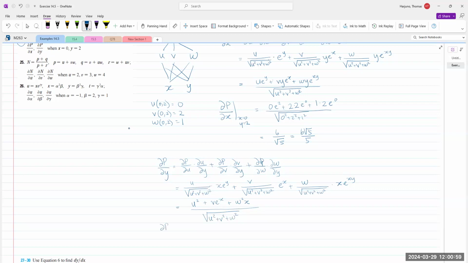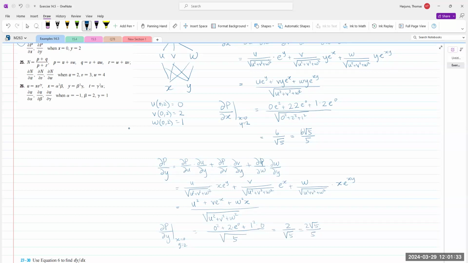So ∂p/∂y at x equals 0, y equals 2 is, the u is 0, the phi is 2, the x is 0, w is 1, the x is 0, over square root of 5. We know that square root of 5 earlier. So this is 2 over square root of 5, which is 2 square root of 5 over 5.